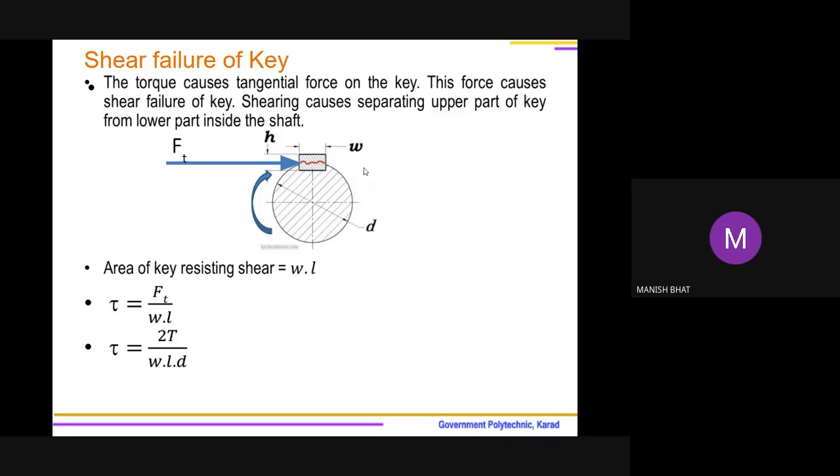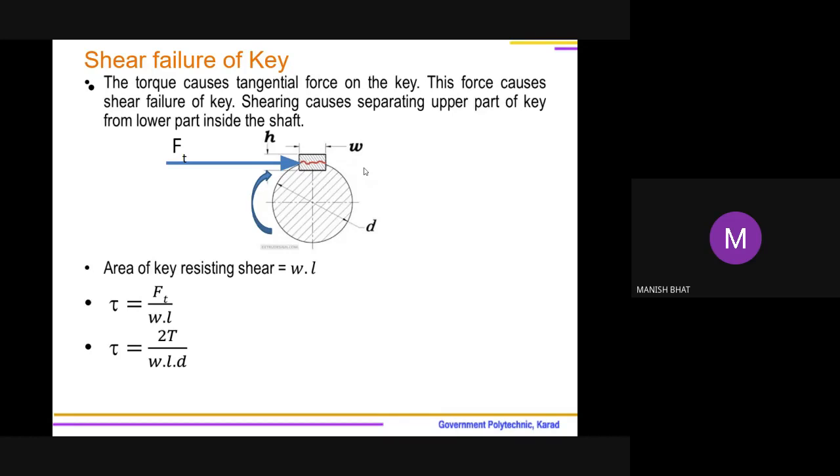Shear stress is equal to force upon area. So tau is equal to, how much is the force causing failure? From power, we have calculated this tangential force Ft, which causes failure. So tau is equal to Ft upon the area of key resisting shear.